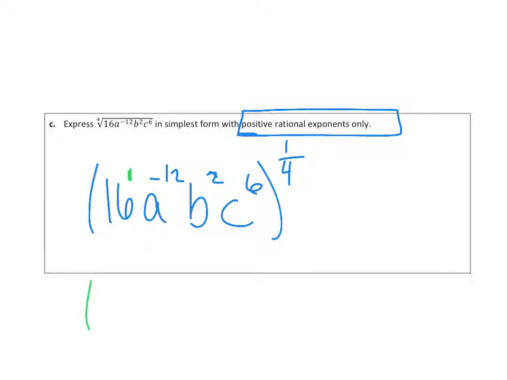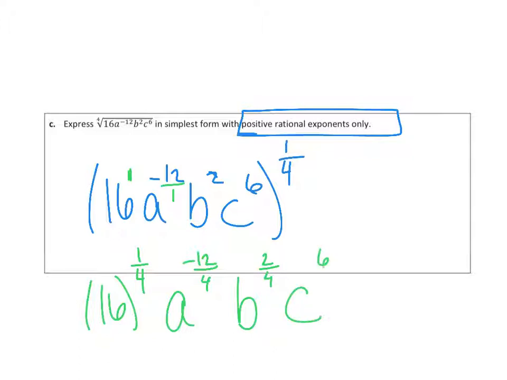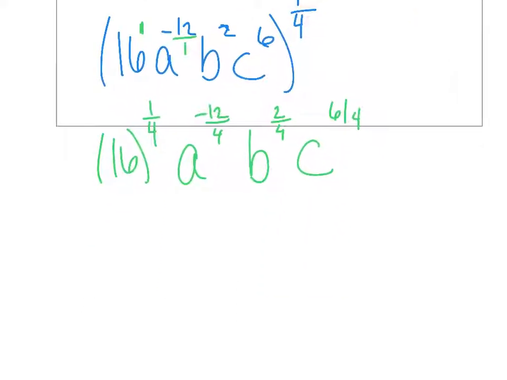So I get 16 raised to the 1/4. I get a to the, multiply, negative 12 over 4, b to the 2 over 4, and c to the 6 over 4. Technically, this answer is almost perfect. I just have to make sure I have all positive exponents, and then I'm going to clean it up just because they're probably going to do that on the exam.